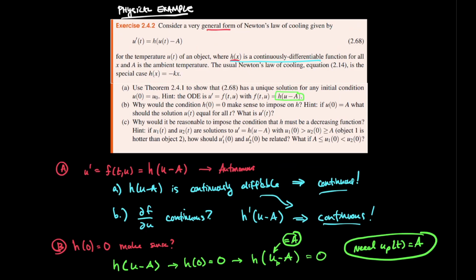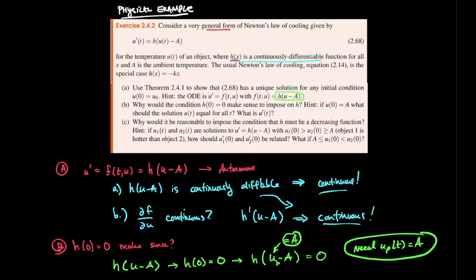So if we start at the ambient temperature, right, then the amount of distance between the object, if you just start with a cup of tea or a cup of water at room temperature, it's going to stay at room temperature. It's not going to suddenly warm up. It's not going to suddenly cool down. It's going to stay at the ambient temperature, right?